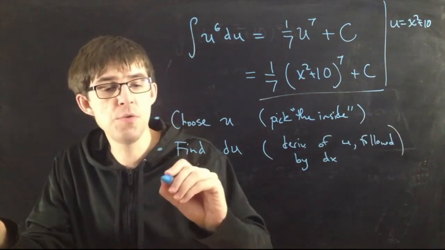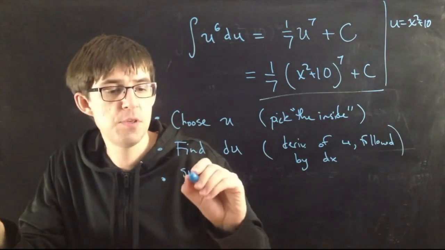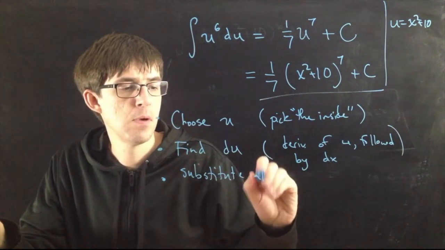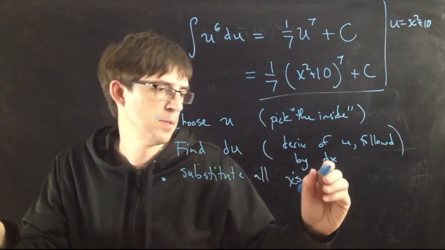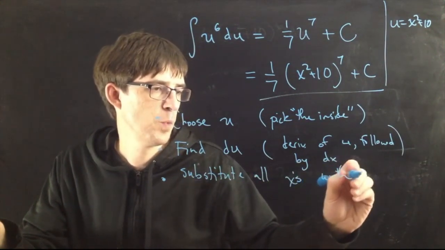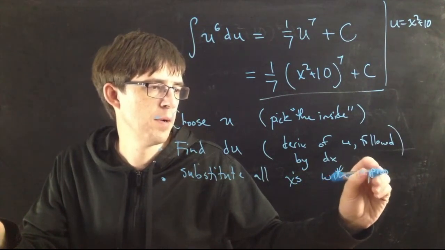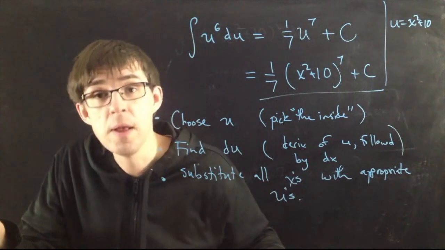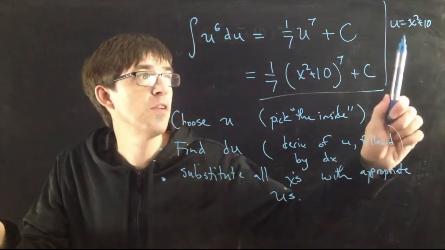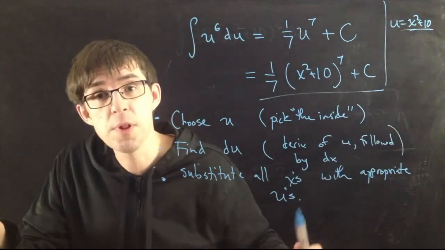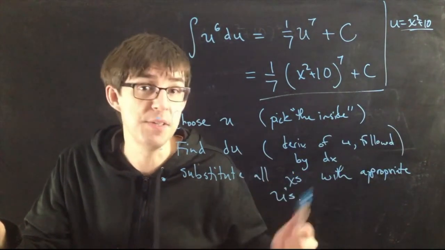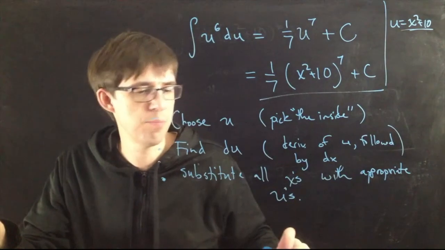And then you try to replace or substitute all x's with appropriate u's, right? In the example we just did, I saw x squared plus 10 in the formula, so I replaced that by u. And then the other stuff, 2x dx, I replaced by du. All right, substitute all the x's with appropriate u's.